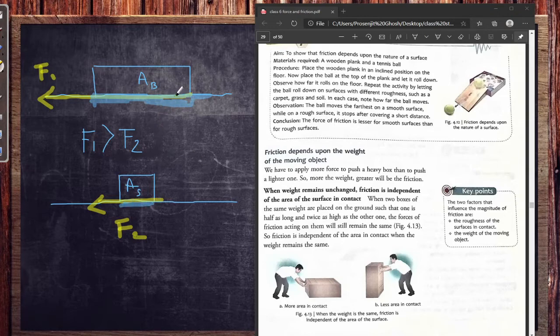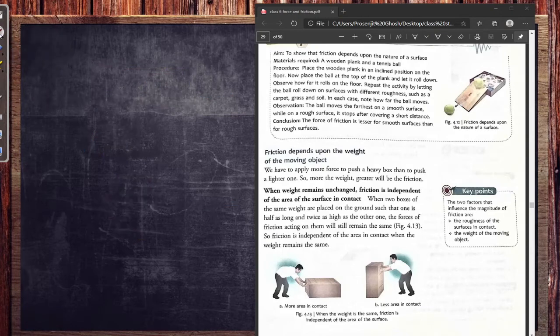So as the contact area is higher in the first one, the friction will also be higher. That is the reason. I hope you get that idea. Now coming to the second dependency. The first dependency is the surface area. The second dependency is the weight of the body.